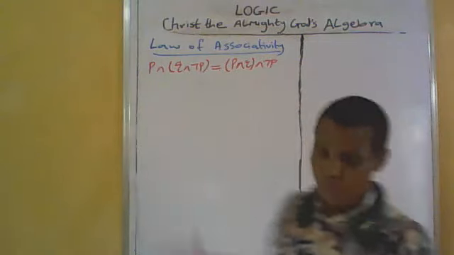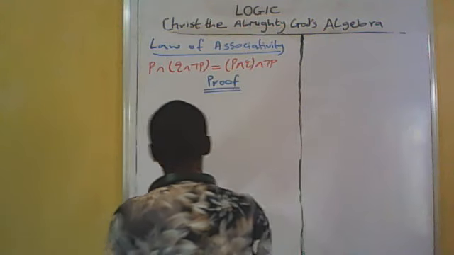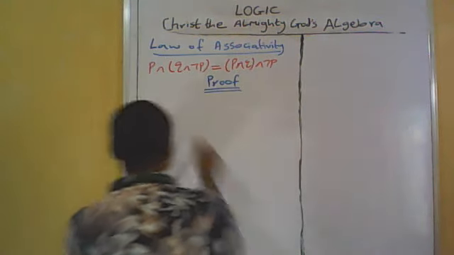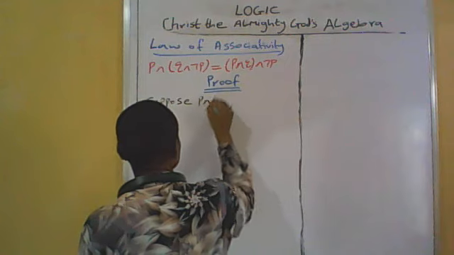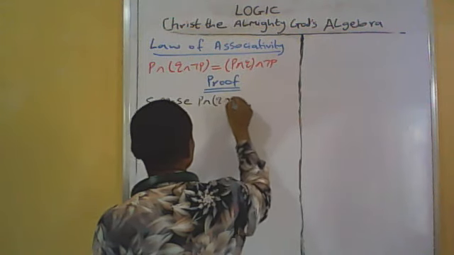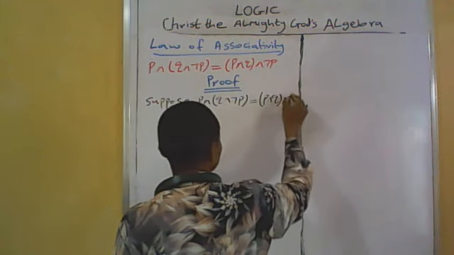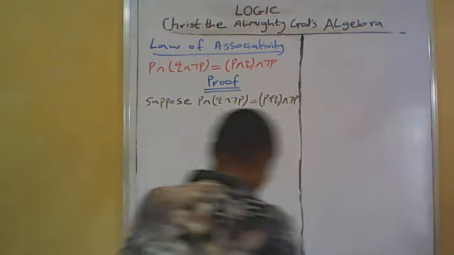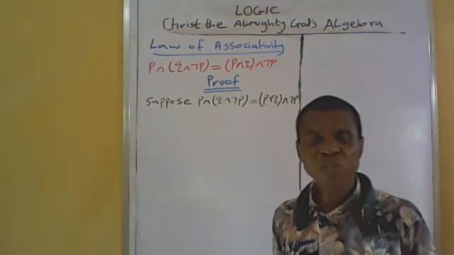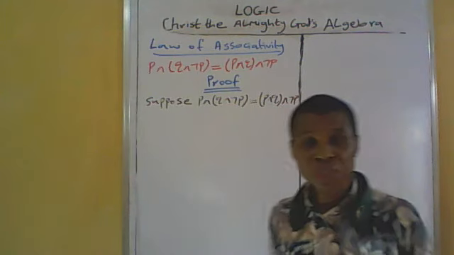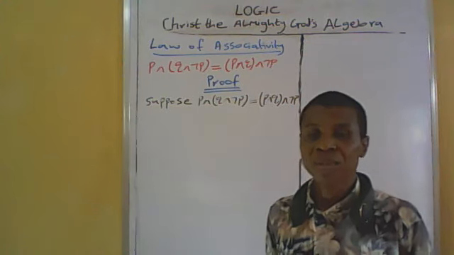Let's prove the law. Suppose P and (Q and not P) is equal to (P and Q) and not P. We assume that the statement is true, and it's a hypothesis.